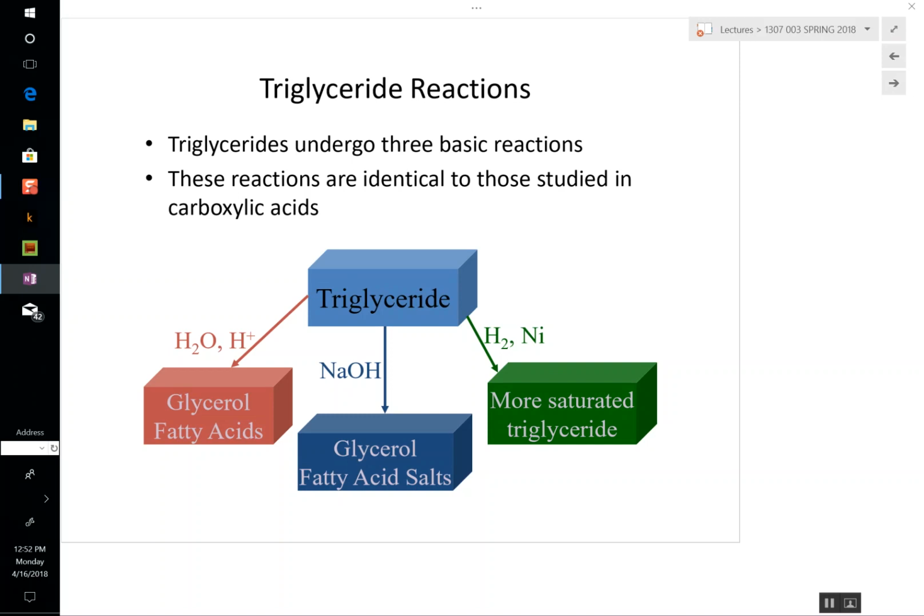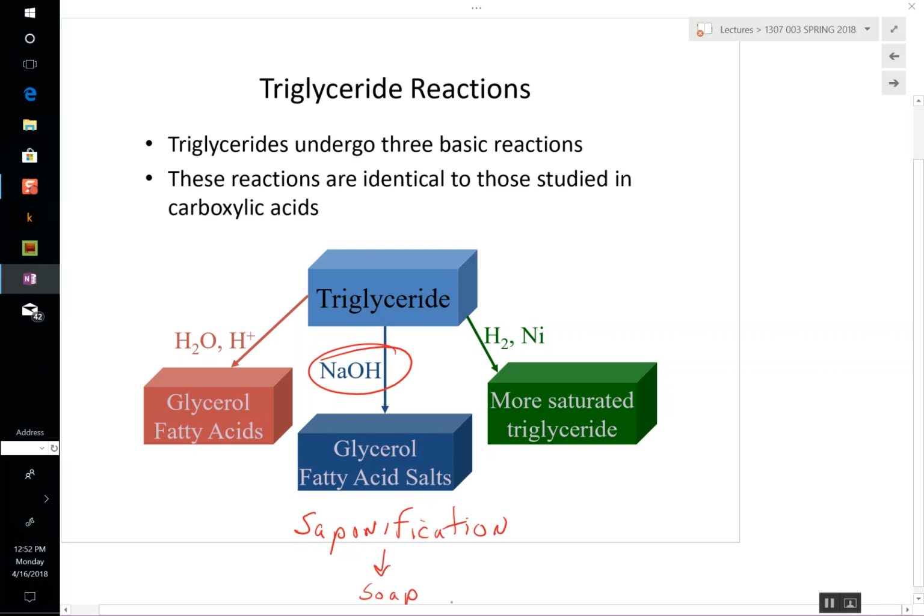This slide just quickly shows you the 3 reactions that triglycerides can undergo. You can hydrolyze them back into the glycerol and the fatty acids, or saponify them to form the salt here. This is why it is a saponifiable fatty acid. You can react it with sodium hydroxide and form soap.